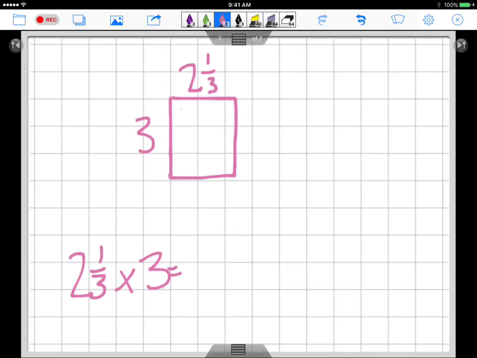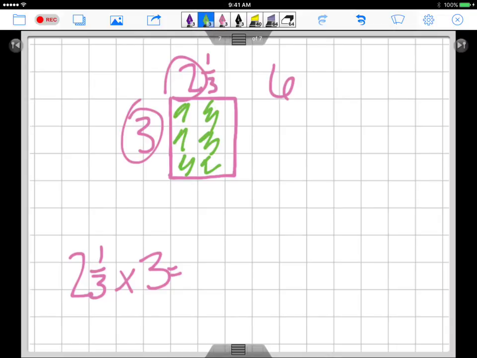When I count 2 times 3, that's 6. Gonna check 1, 2, 3, 4, 5, 6. Then I count my fractional sides. Got 1, 2, 3. But this time, this tells me that those are each worth 1/3. Even though the picture's not perfect, they're worth 1/3.